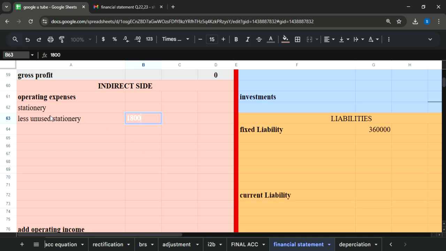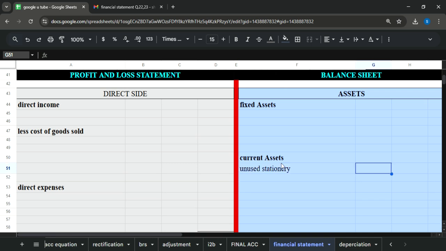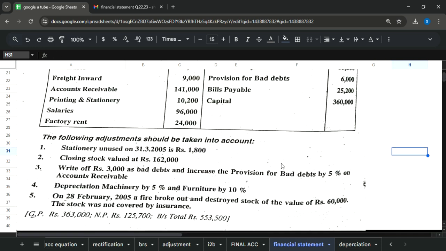Because the total amount of stationery was this, but this part was unused. It means the difference has been used, which becomes your expense, and the unused stationery at the end of the period would be considered your asset. So you will mention unused stationery over here, and this would be your current asset. Guys, in this way our first adjustment has been completed.